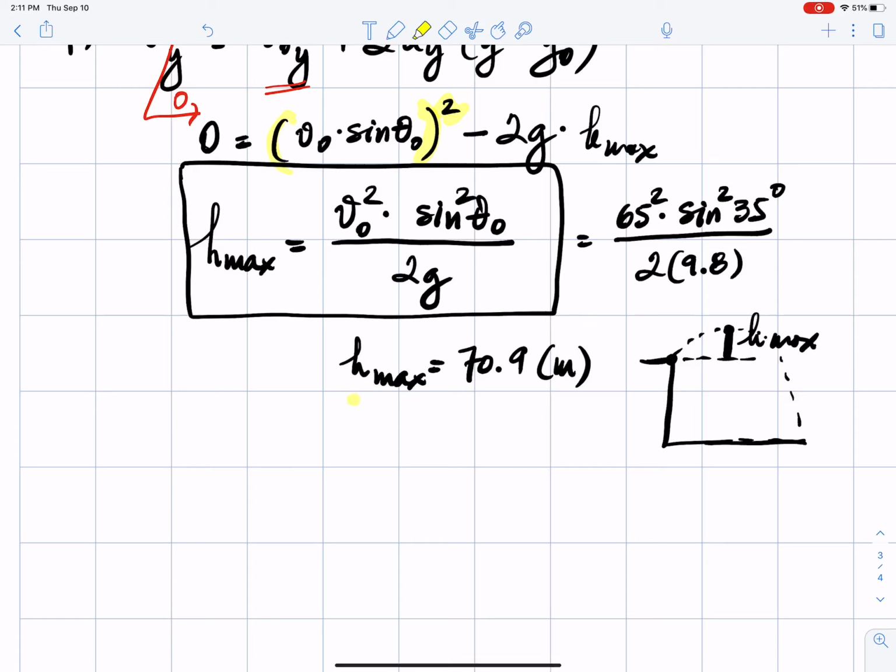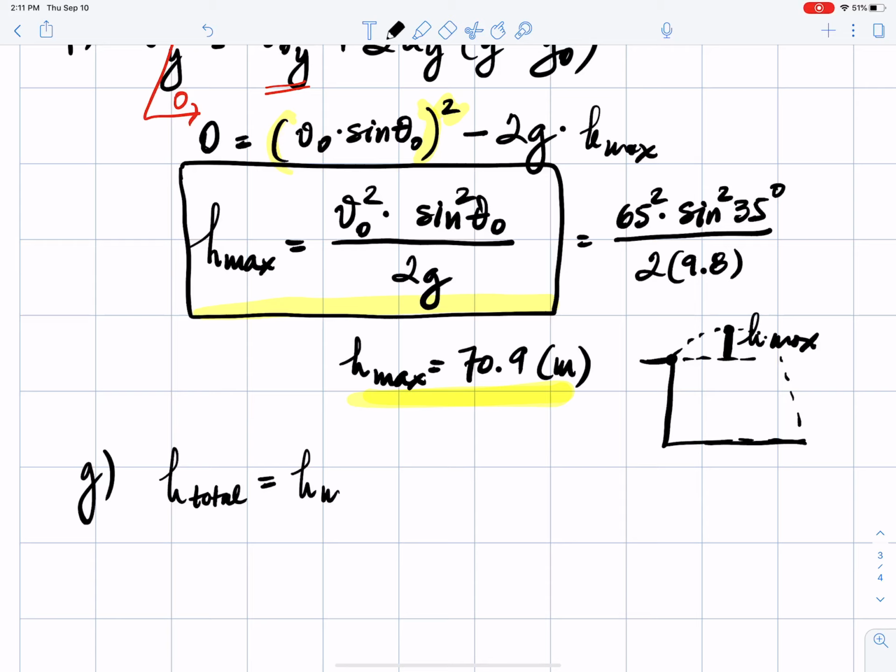All right, so with that being said, there was nothing else in there, but you can have another question I will add: what is the total height reached by the projectile? So the h total, especially when you're dealing with a cliff, that could be another question.